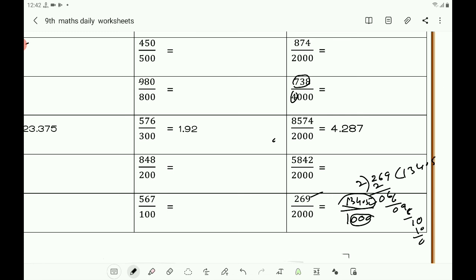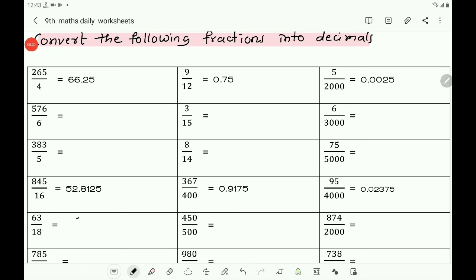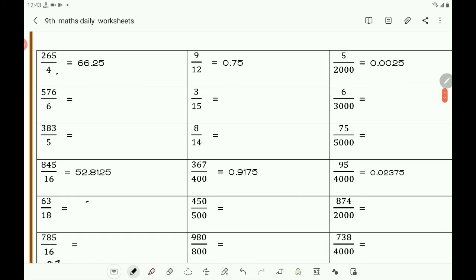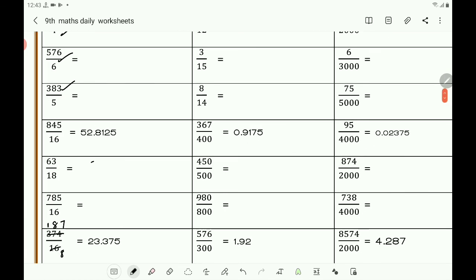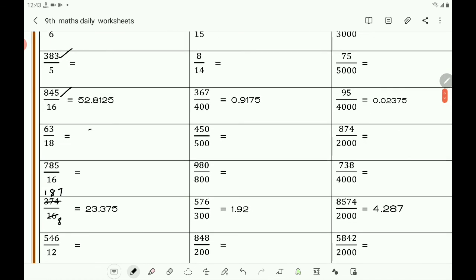In this way you can make a simplified form of the fraction. So children, take one by one and convert into decimal. First one is 265 by 4. Second, 576 by 6. Third, 383 by 5. 845 by 16. Then 63 by 18. 760.